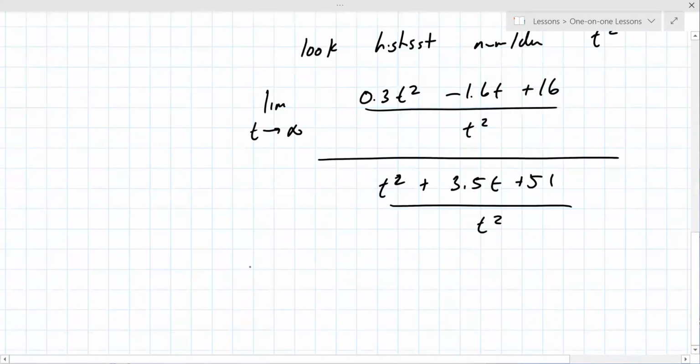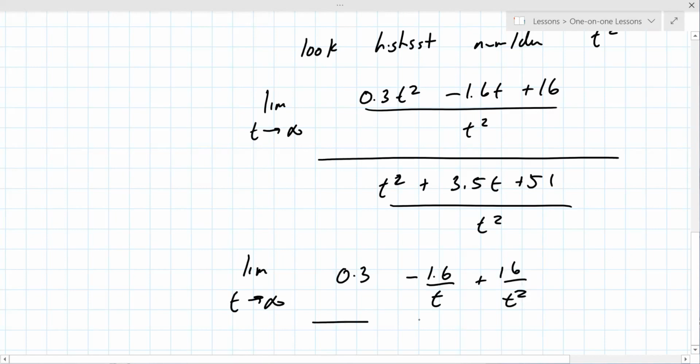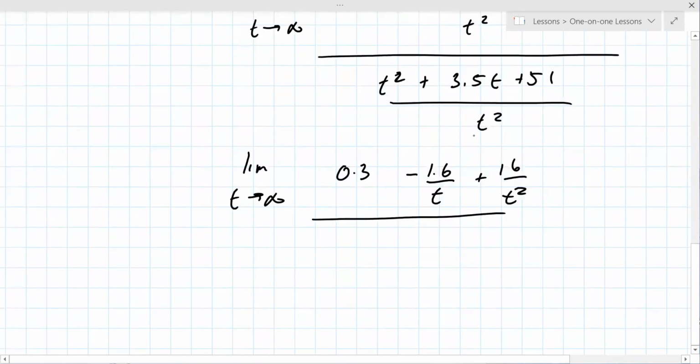And then you reduce. So you get 0.3 on top, taking each one of these over t squared: minus 1.6 over t plus 16 over t squared. Bottom here, same thing. You take t squared divided by t squared, that's 1. 3.5t divided by t squared is 3.5 over t, plus 51 over t squared.